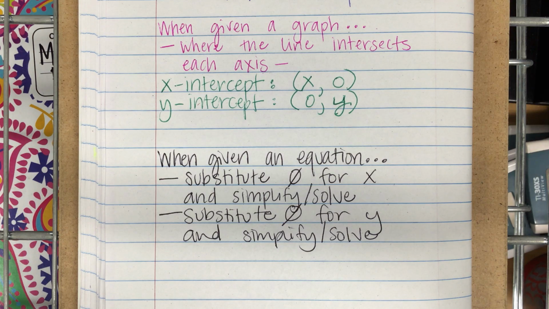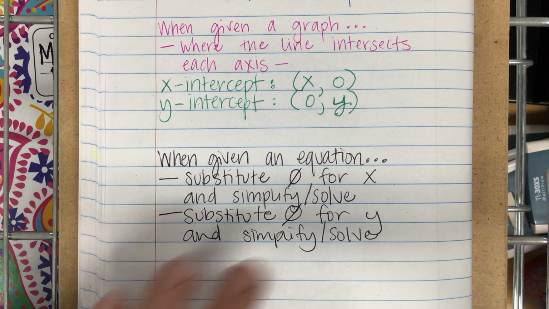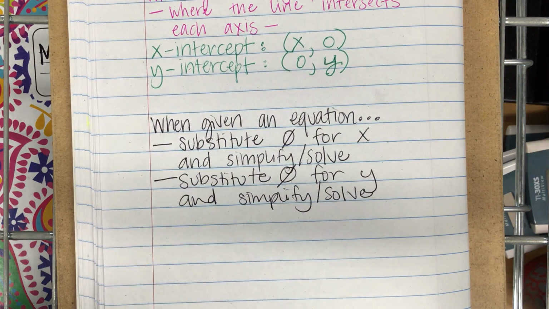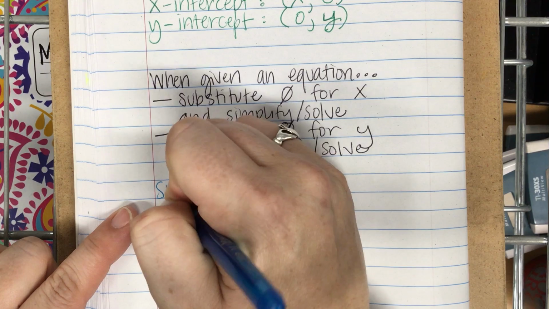So you may be given the equation in slope-intercept form, y equals mx plus b, or this new way of writing things, it might be written in standard form.